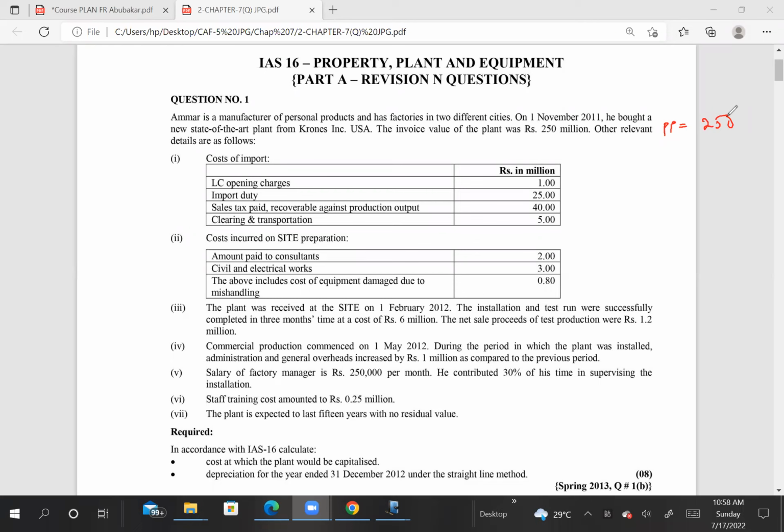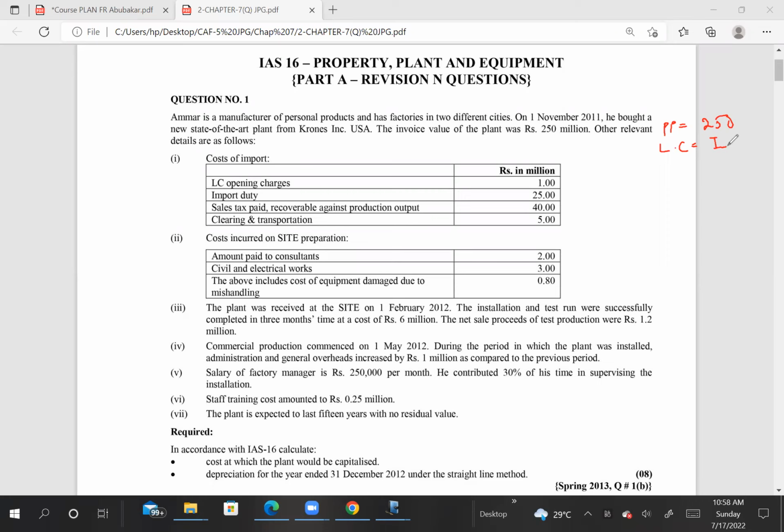So the LC opening charges, should we capitalize it or not? Yes, they will be capitalized because without a letter of credit, no importer can import. Okay, it is mandatory.